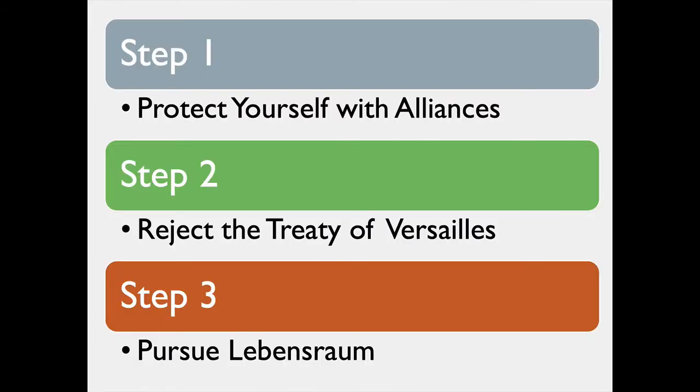And so from that point, they would move on to step 3, which was to pursue something called Lebensraum. And Lebensraum, which means living room, breathing space, is this concept that the Nazis had, that Germany needed to be able to spread out.